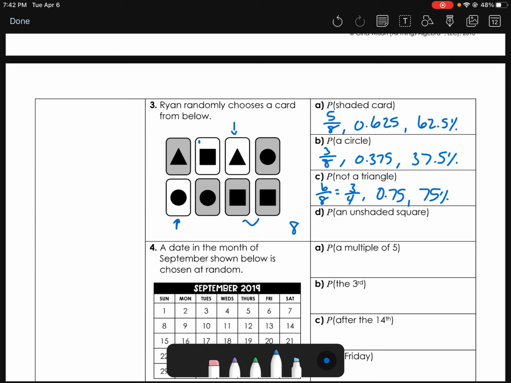And this one's also not a square. And then these 2 rows are shaded in, so they don't count. So we only have 1 out of 8. Already simplified, so I don't have to do anything else with that. If I divide 1 and 8, I get 0.125. And then I can move the decimal place over 2 times and get 12.5%.